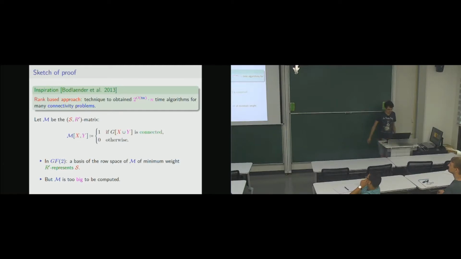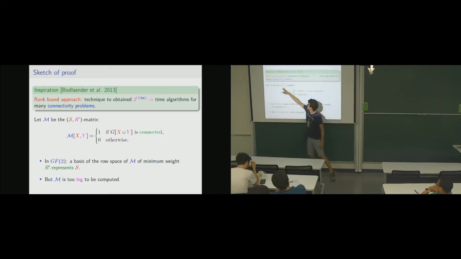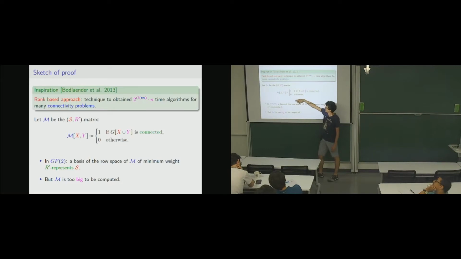So we define a matrix. This is very simple. The rows are associated with S, and the columns are associated with elements in R prime. And M[X,Y] equals 1 if it is connected, and 0 otherwise.